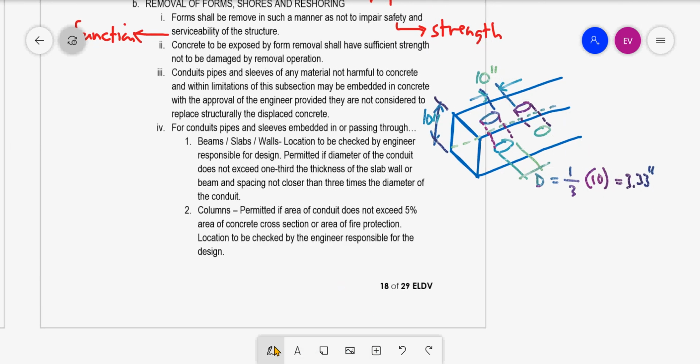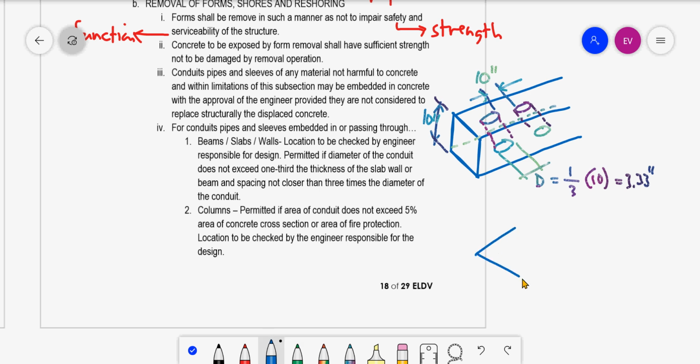For columns, the embedded-in type or mode is more common. So for a certain column dimension, let's say a column section which is 10 by 10 inches, the diameter of the conduit shall be allowed in terms of the area of the section.